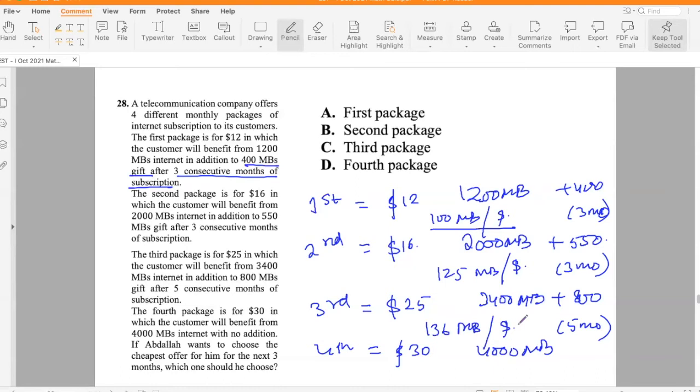So that would be 4000 divided by 30. So 133.33 MB per dollar, right? So for the next 3 months, he would get the maximum bandwidth per dollar for the third plan, right? So that's the third package, option C.